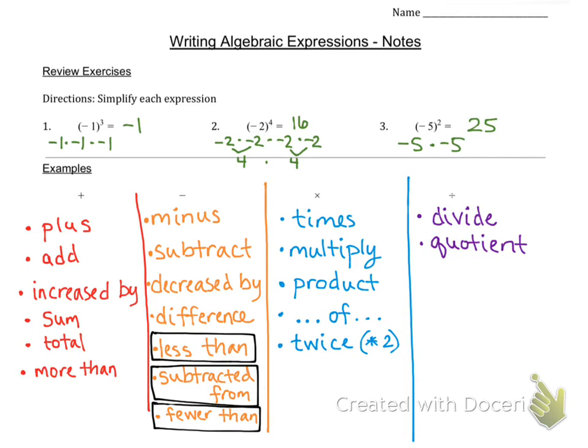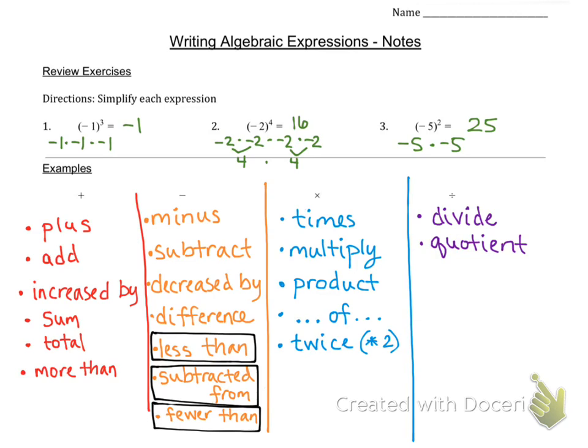So for adding, you could use the word plus, add, increased by, sum, total, more than. For subtraction, you could use the word minus, subtract, decreased by, difference, less than, subtract it from, fewer than.